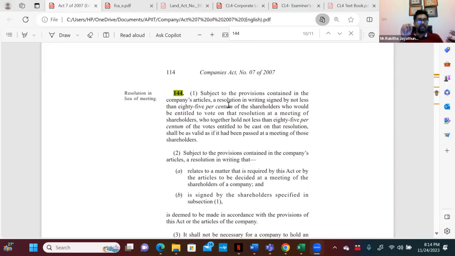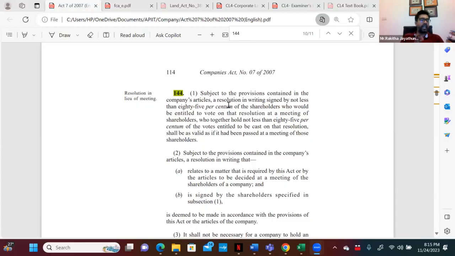If the articles say you can't have resolutions by way of circulation or in lieu of meetings, then you can't do this. So if there's any restriction or prohibition stated in the articles, you can't do this.